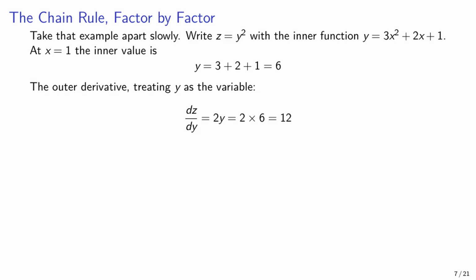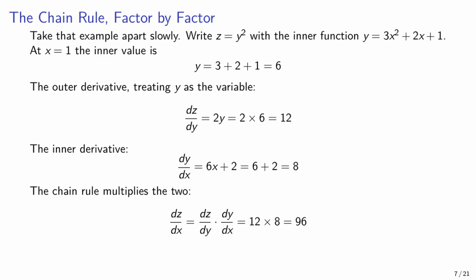The outer derivative, treating y as the variable, is 2y. At y equals 6, that is 2 times 6, which is 12. The inner derivative is 6x plus 2. At x equals 1, that is 6 plus 2, which is 8.